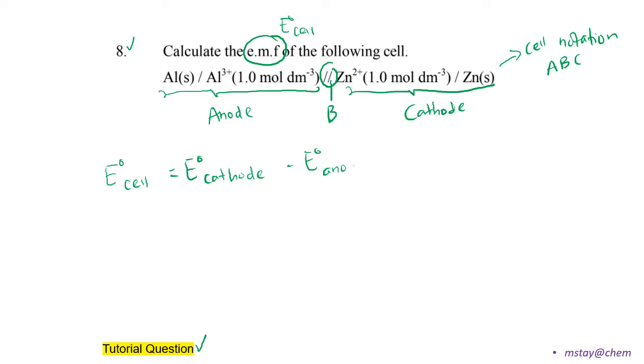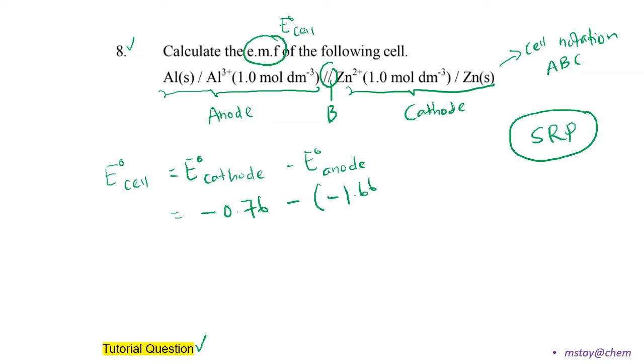So in this case, the cathode is the zinc. Refer to the SRP table. You will notice the cathode has an electrode potential of negative 0.76, minus the electrode potential for aluminium, which is negative 1.66. So from here it is negative 0.76 plus 1.66, which equals positive 0.90 volt.